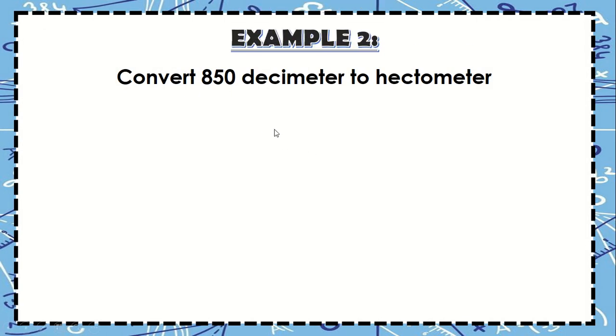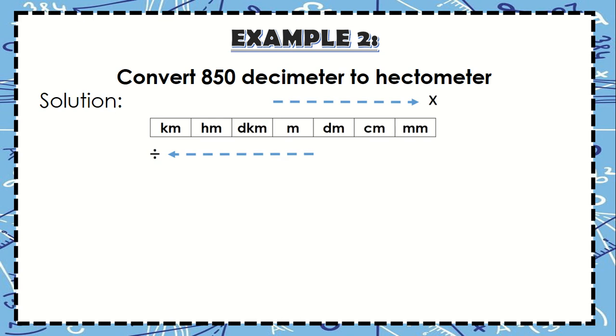Next, convert 850 decimeters to hectometers. Balikan natin yung ating illustration. So, saan yung decimeter natin? Ito. From decimeter to hectometer, you're going to divide kasi papunta siya sa kaliwa. O ilang step, bibilangin natin yung step. So, decimeter to meter times 10, meter to decameter times 10 ulit.